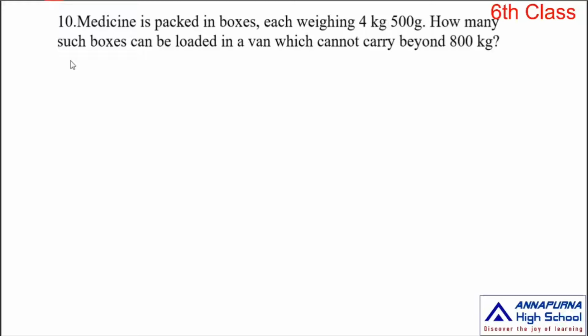Such kind of boxes are loaded in a van. Each box weight is 4 kilograms and 500 grams. What do we find in this problem? To find how many boxes can be filled in a van. The maximum capacity of the van is 800 kilograms.